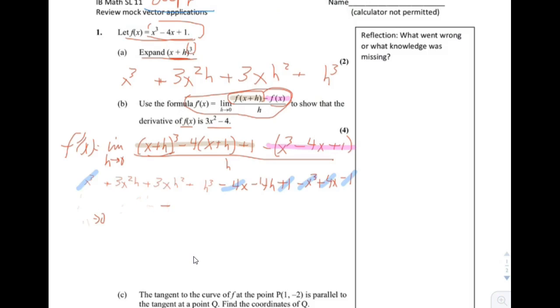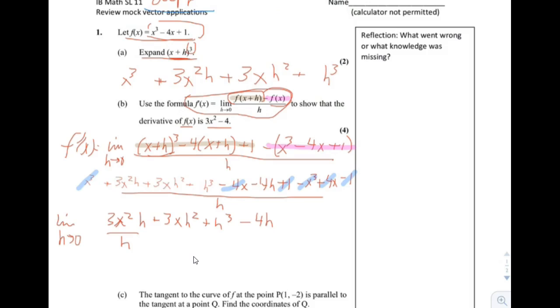The limit as h approaches 0 of 3x squared h plus 3x h squared plus h cubed minus 4h. And each one of these things is divided by h. Okay, and then simplifying, these h's cancel out, leaving an h squared, okay?